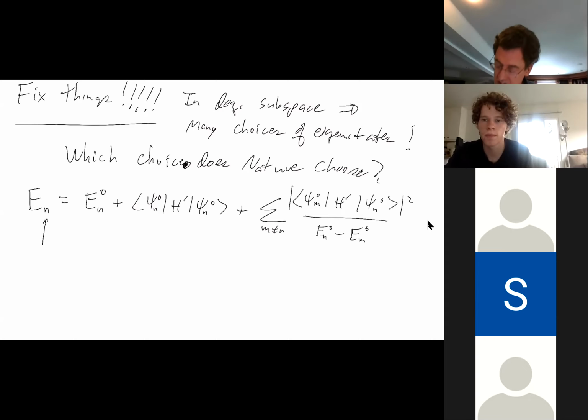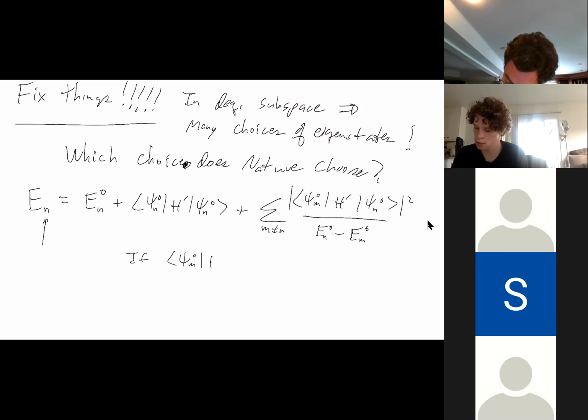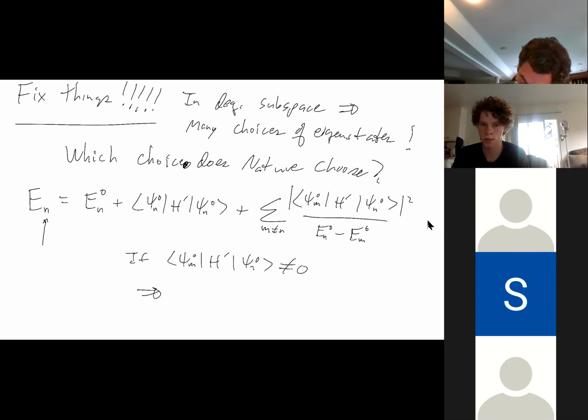Well, let's consider it for a second. If I make a choice such that this numerator does not equal 0, then my energy goes to what? Infinity. Yes.